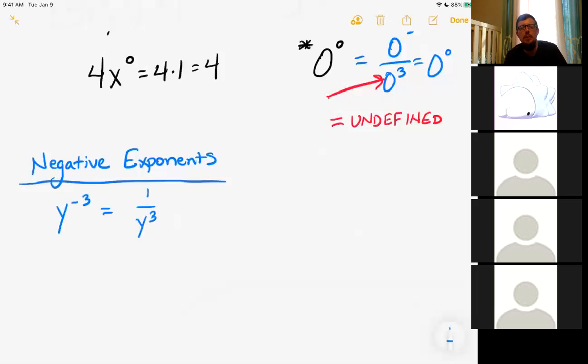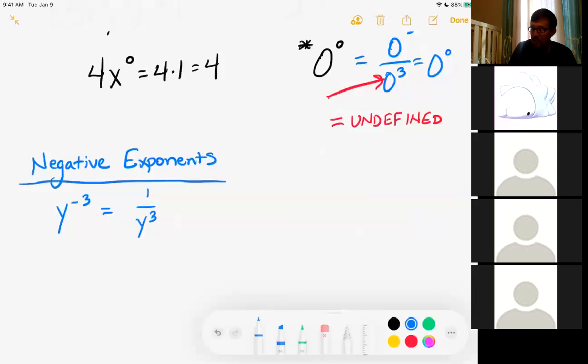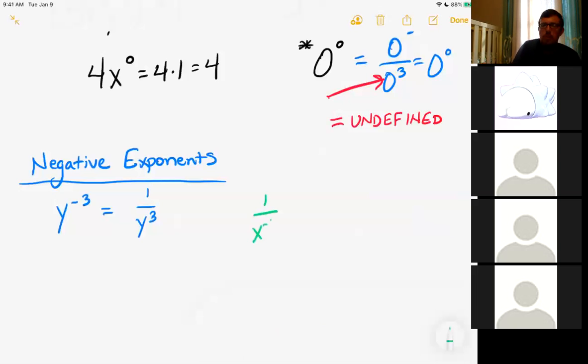That's one of the ways that I would get rid of negative exponents. Make it into a fraction, put the negative exponent in the denominator, and as if by magic, it becomes a positive exponent. What do you do if it's negative and it's already in the denominator? Well, that's really nice. You just move it up into the numerator and make it positive.